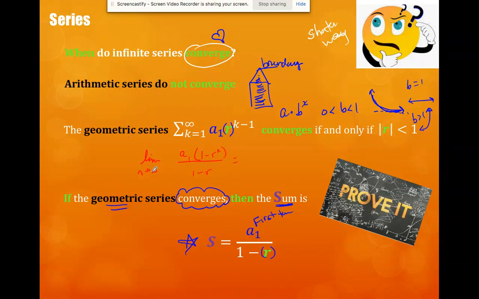Well, as you're going off to infinity, remember this is a number, what does this do? You're raising r to a large power.